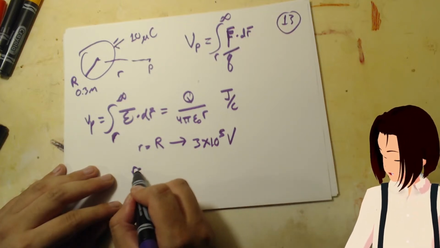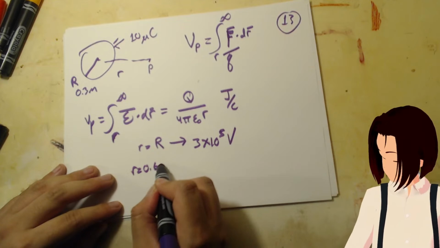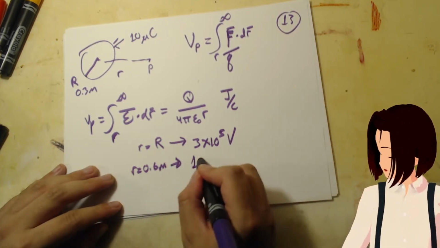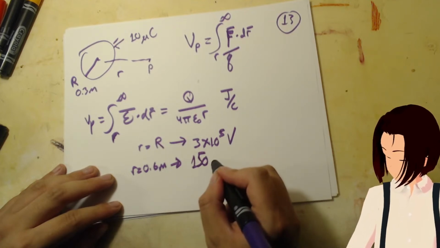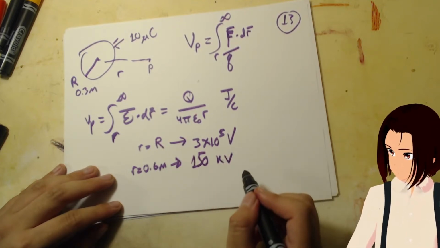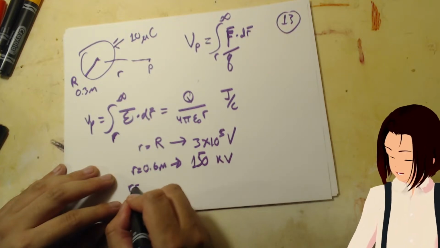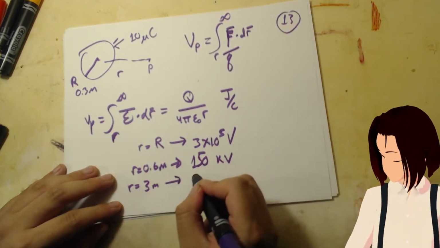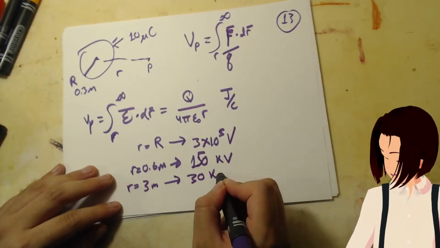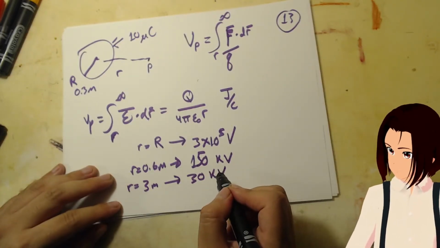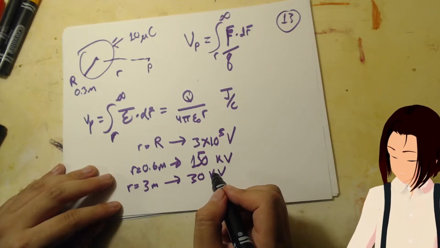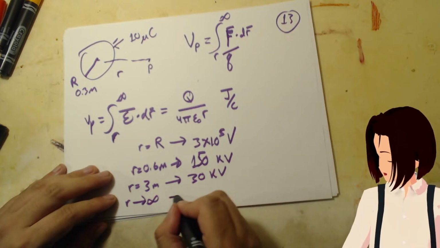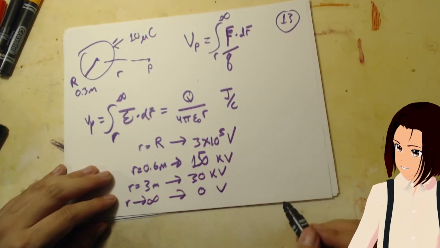If little r is equal to 60 centimeters, we would get about 150,000 volts. If little r were equal to 3 meters, we get 30,000 volts. And if r went to infinity, we would get 0 volts.